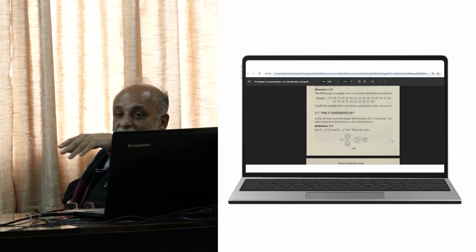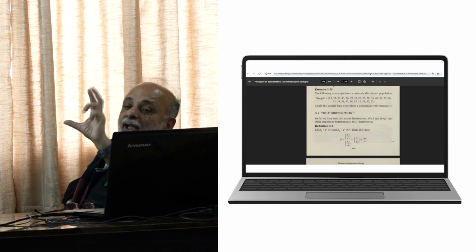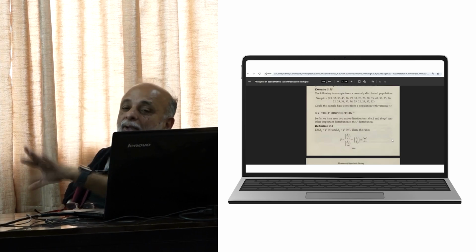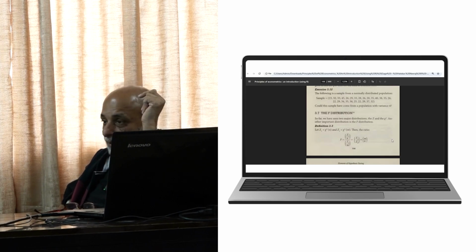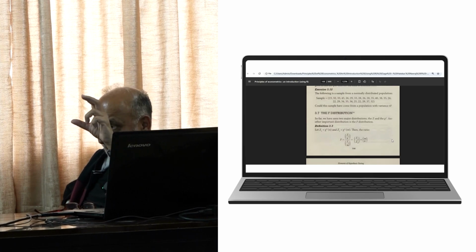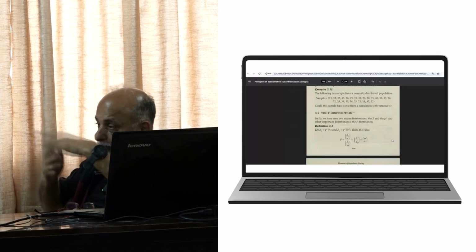So what do you do with the F statistic? It's basically the ratio of two chi-squares divided by their own degrees of freedom. An F statistic is nothing but the ratio of two independent chi-squares divided by their own degrees of freedom.